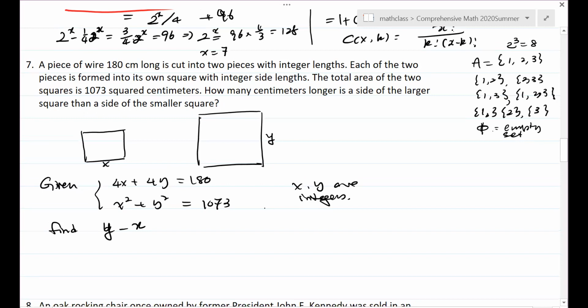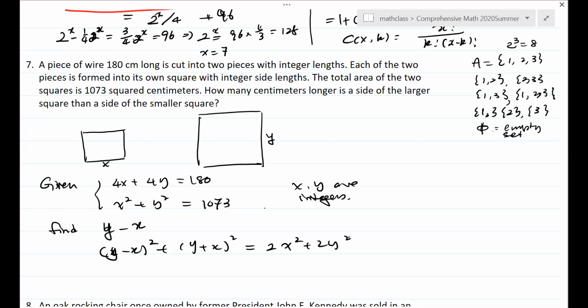There is an important identity: (y minus x) squared plus (y plus x) squared is going to be twice of x squared plus y squared. If you have this identity, then you can get it quickly. Otherwise, you just solve for x and y.